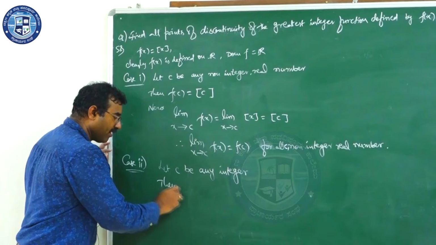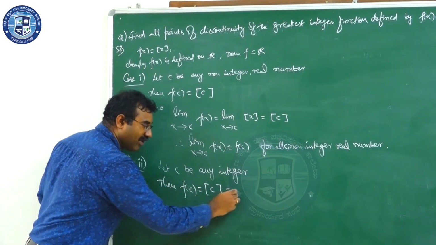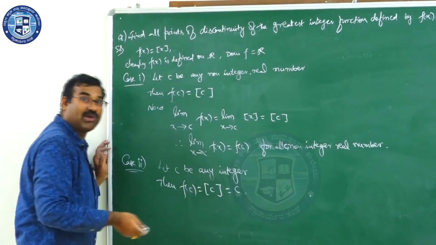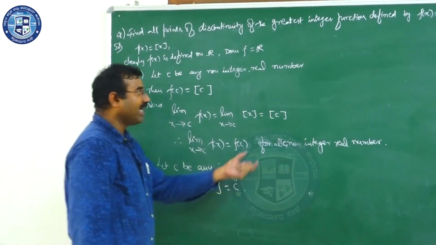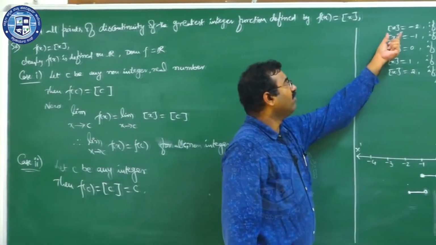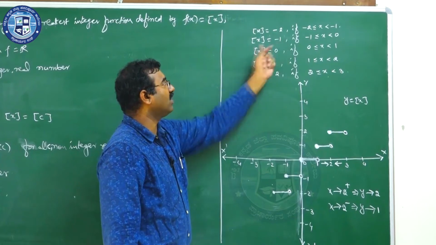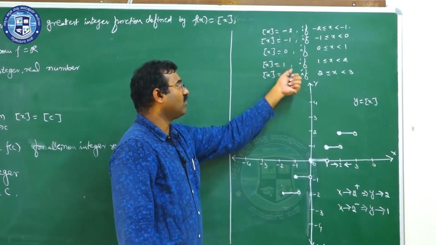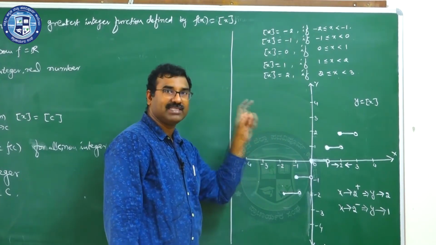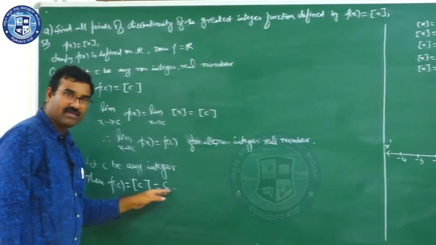Then f(c) is equal to [c]. For all integers, it is an integer only, so [c] is c. Why? You keep [-2], you get -2. [-1] is -1. [0] is 0. See that it is included here. [1] is 1. [2] is 2. That means whenever it is an integer, it's an integer value. Okay, so [c] is c.